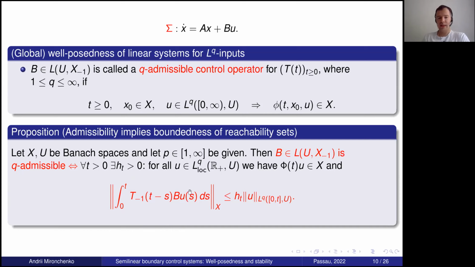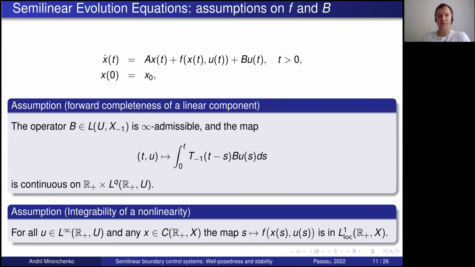So why is it very nice? Because it gives us boundedness of reachability sets. This means that our mild solution that we have defined for linear systems stays bounded if we start from a bounded ball and apply uniformly bounded inputs. It's important. Okay, so that was our motivation, the analysis of linear systems.